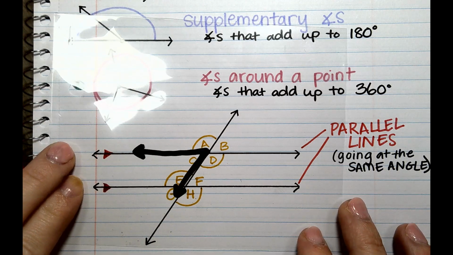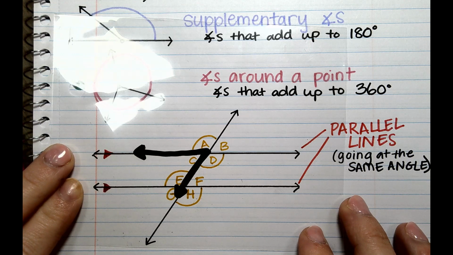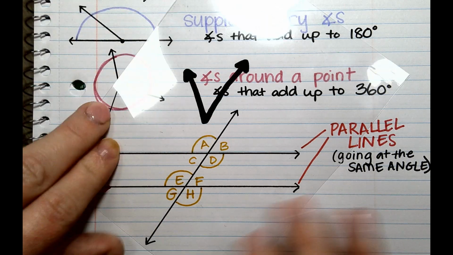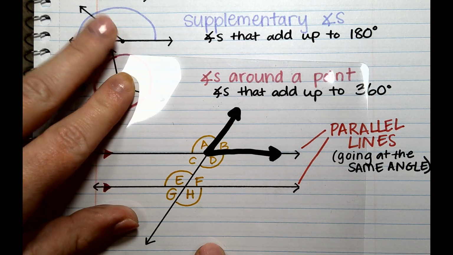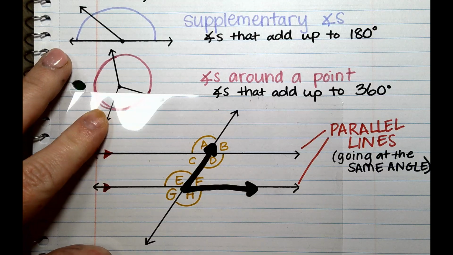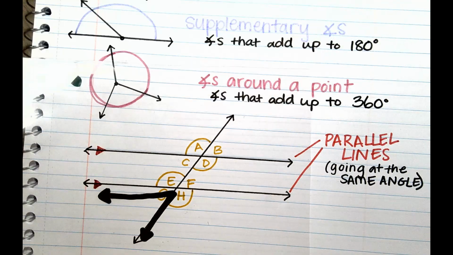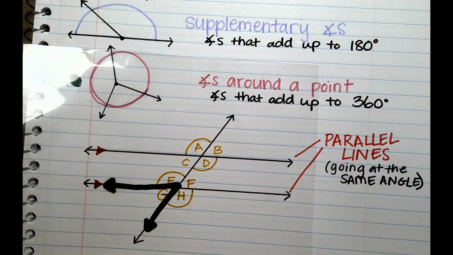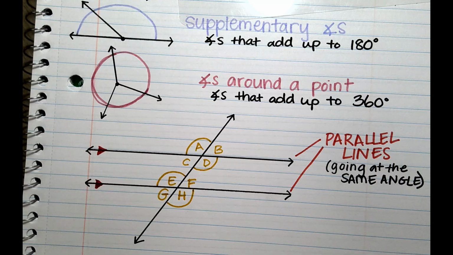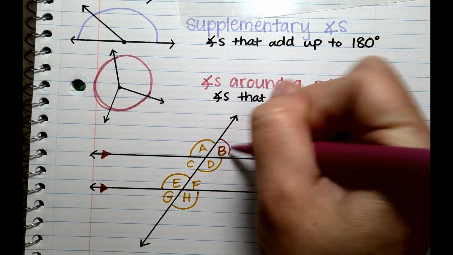When I flip it around, sure enough, it lines up real nice. Any other angles? F. So here's angle B. Move it down. Oh, it lines up with F. What else? G. If I flip it around, it does line up with G. Okay, so let's mark those. Now, I've already used one arc, so for these, we want to use a different number of arcs. I'll do 2 arcs.